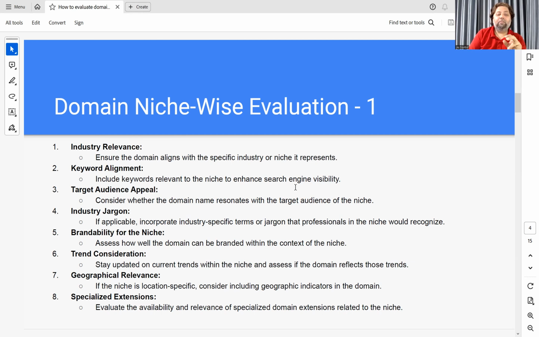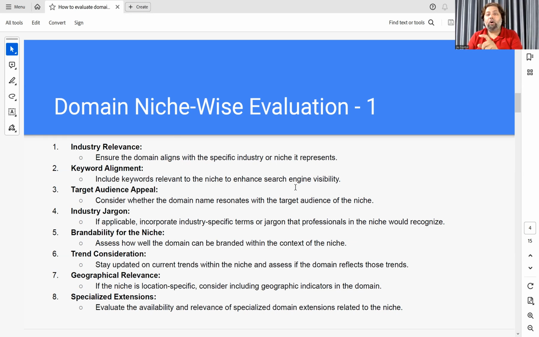Okay, brandability for the niche. That particular domain should be brandable for that particular niche. Like gaming device, I mean, like gamingdevice.com or similar to that.